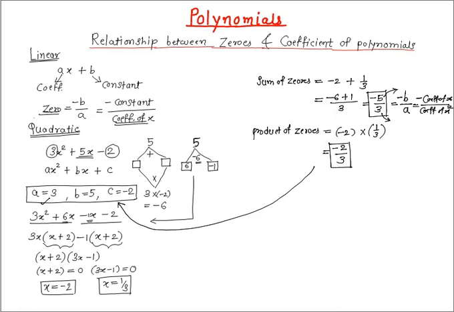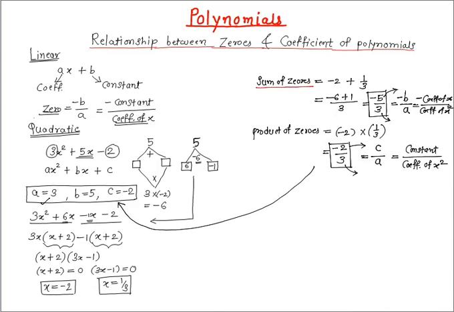Similarly, in the product of zeros, this minus 2 is the value of c, so we can write this as c, divided by this 3, which is the value of a, so we can write it as c divided by a. Here c is the constant, and a is the coefficient of x square. What is the sum of zeros we got?